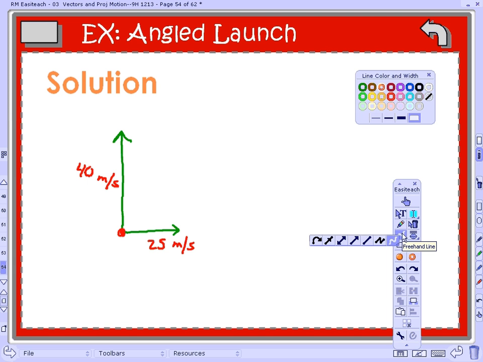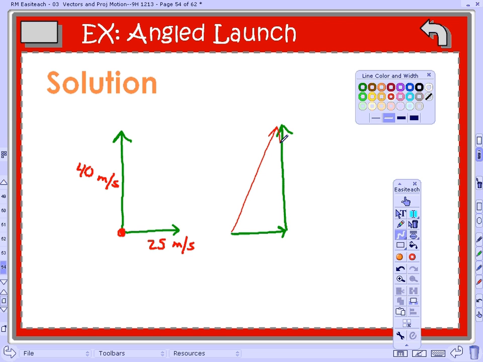Okay, so I'm simply going to redraw this tip to tail. I'm going to draw my resultant vector, r, and use Pythagorean theorem, 25 and 40.